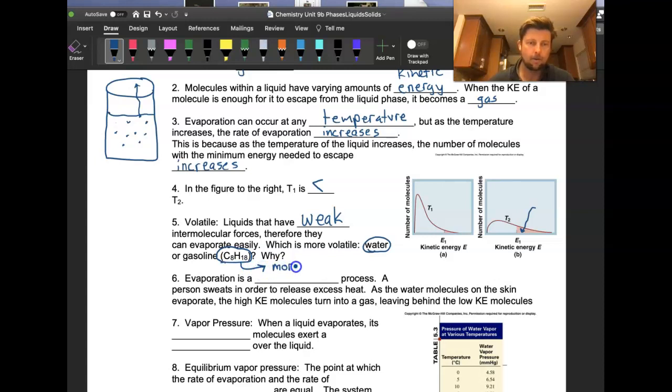So this is more volatile, just like hexane in our lab, because there are weaker intermolecular forces, LDFs versus hydrogen bonds.